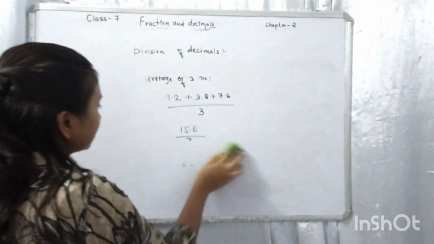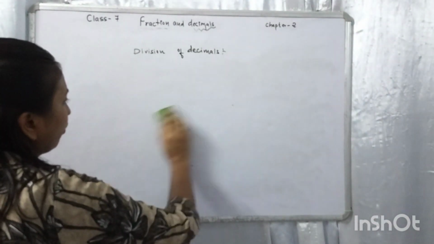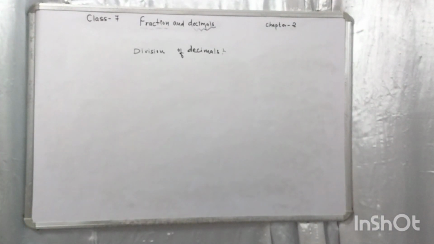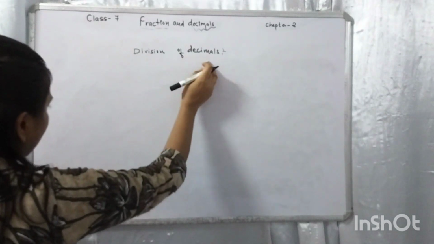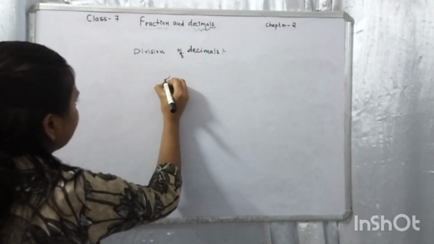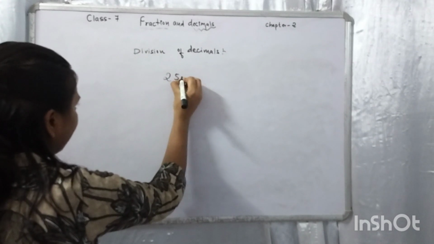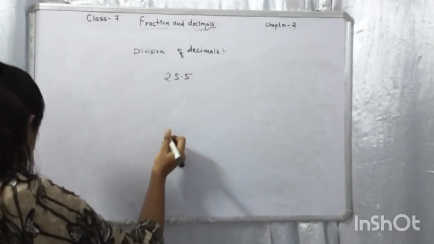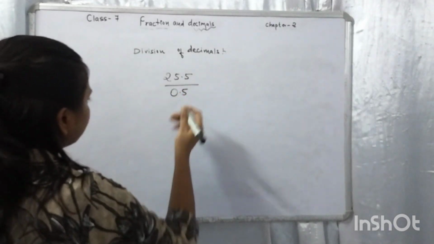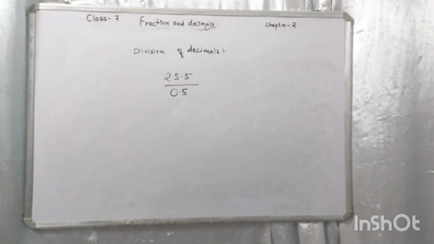Now we will see how we will divide one decimal with another. This is our final work for this chapter, that is dividing one decimal with another. That is how we can divide 2.5 divided by 0.5. Today this pen is not working properly.